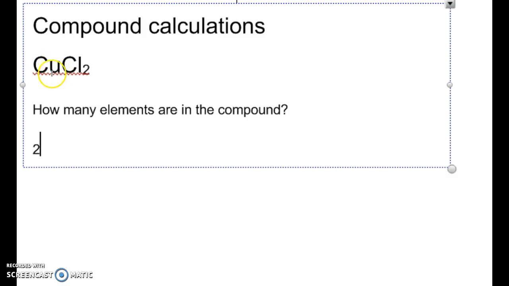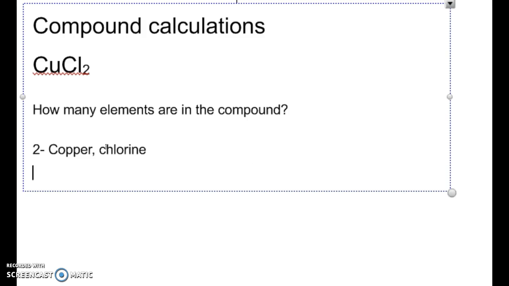If you look on your periodic table, you'll see that this is a capital C, little u. It's in the same box together, and it is actually copper. Then you'll see that Cl, with a lowercase l, is in the box together, and it's chlorine. So you'll see that there are two elements, copper and chlorine, in that compound.